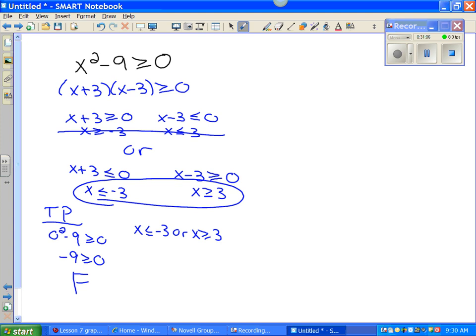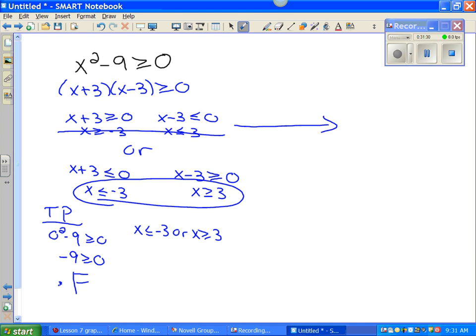Okay, so we plugged in 0, right? And we said that -9 is not greater than or equal to 0, so 0 cannot be part of our solution. You just told me that 0 was between -3 and 3, so that means 0 would be part of this solution, which we know it can't be. So it has to be this one.